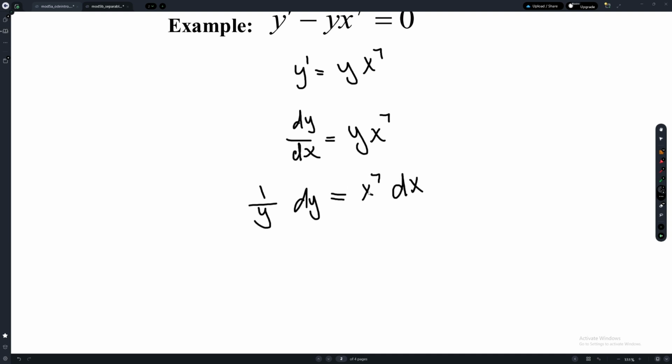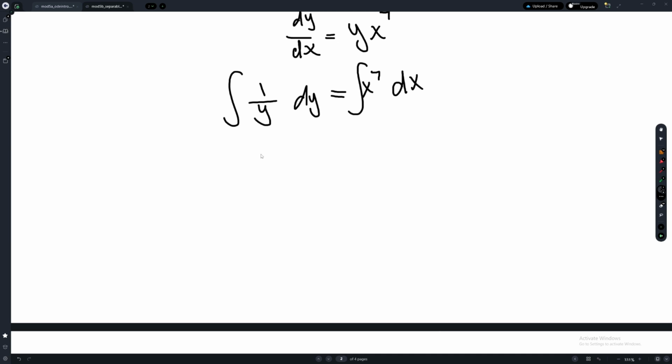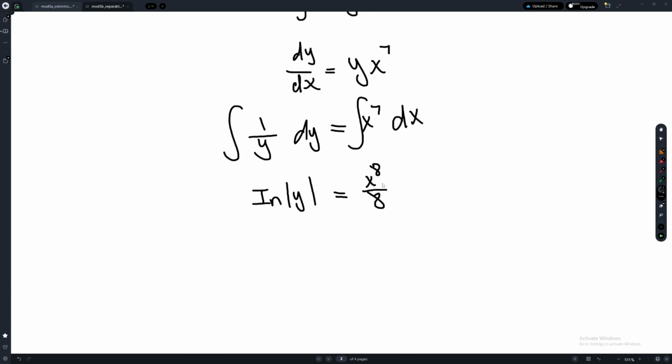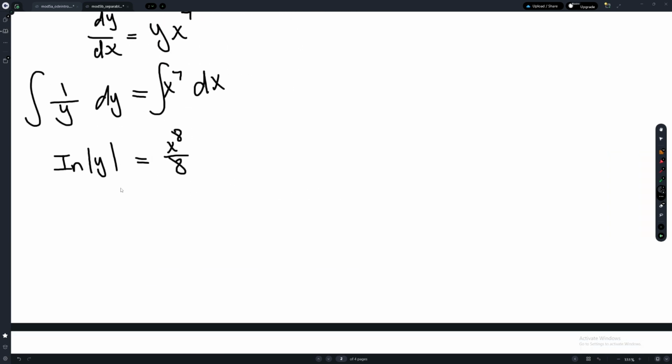There you go. Now we have this, we can just integrate normally. Integrate this side, integrate that side. The integral of this side will be ln of y. And the integral of this side will be x to the 8 over 8. Right, now you isolate for y. How can we isolate for y?